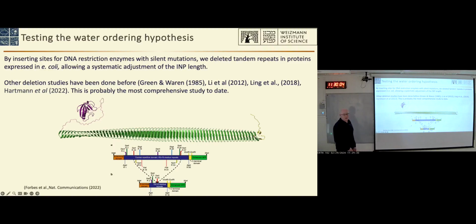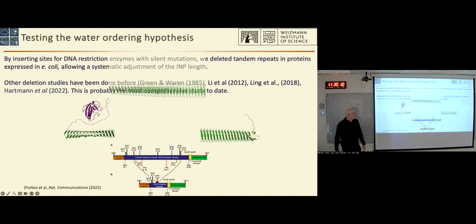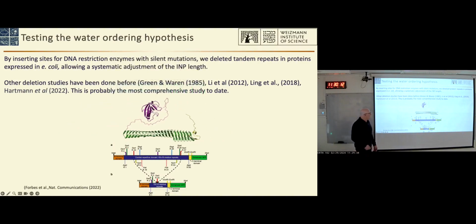So one of the things we've done is we wanted to see how the size of this active site affects the ability of the protein, and I remind you, this is a protein that is expressed in live bacteria, to form ice. So we grow these bacteria, and we put them in our instrument that measures ice nucleation, which is called WISDOM.